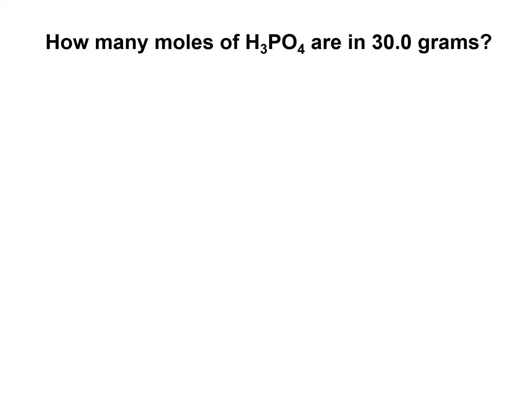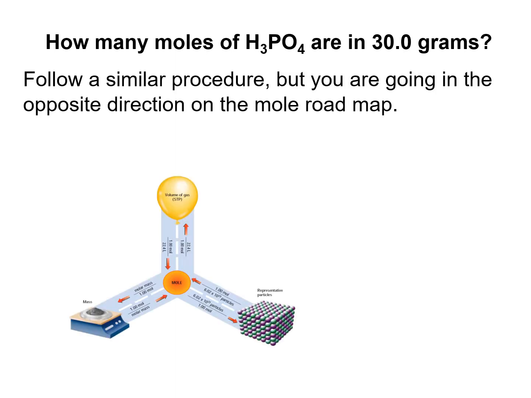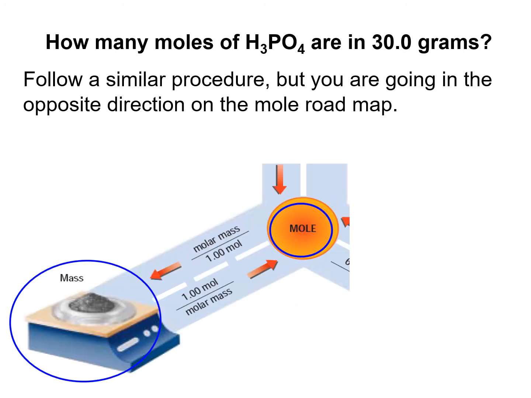If I take a look at the mole roadmap first, as I said, this problem goes in the opposite direction of the previous practice problem. I'm going to start in the lower left-hand corner where it says mass with 30 grams of phosphoric acid. I want to convert that to moles. So to do that, I need a conversion factor that will be the same as 1 mole over molar mass.